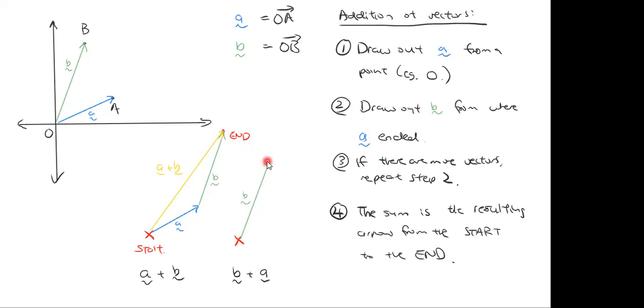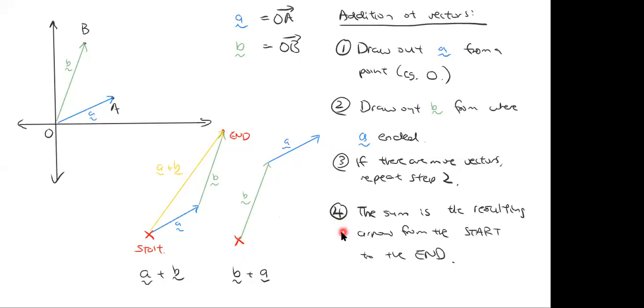I'm going to add A from here, which means I need to draw a vector kind of like A, like this. So it's parallel and the same length. That's the idea. And therefore, I've started here. I've ended here after going through B, then A.